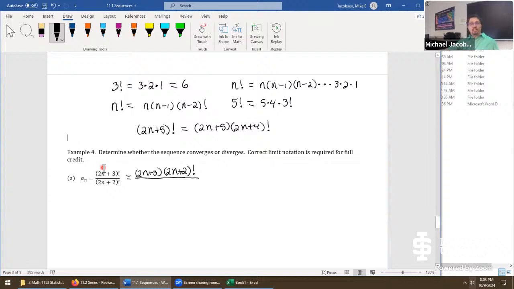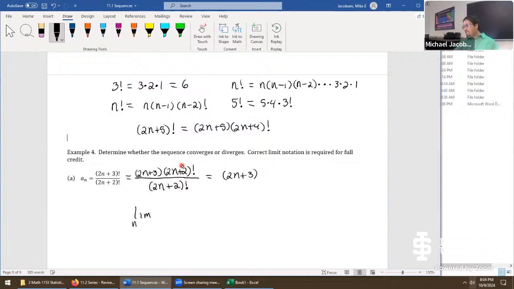So all I've done with this one is start at 2n plus 3, write it in, go 2n plus 2 with a factorial. Much like with these examples here, we just stopped at that spot. Denominator is 2n plus 2 factorial. So that means the sequence a_n is really just 2n plus 3 and nothing else.